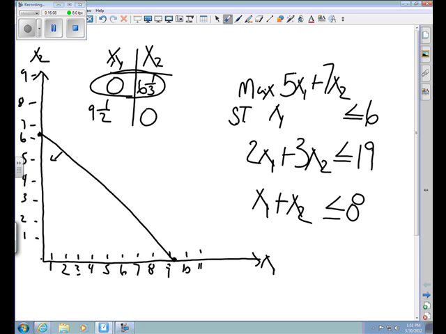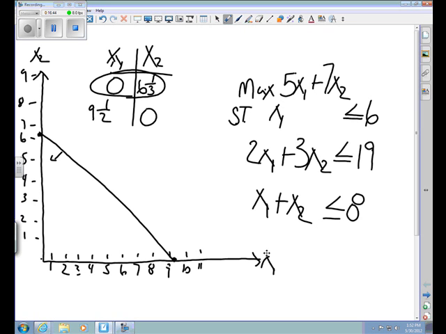If I take coordinates outside of that area, let's say out here where x1 equals 5 and so does x2, approximately right there, then that should not satisfy that constraint, and we'll find that it does not. So 2 times 5 plus 3 times 5, is that less than or equal to 19? And you'll realize no. 10 plus 15 is 25, which is not less than or equal to 19. So the constraint, again, corresponds to the area below or to the left of that line we just drew.